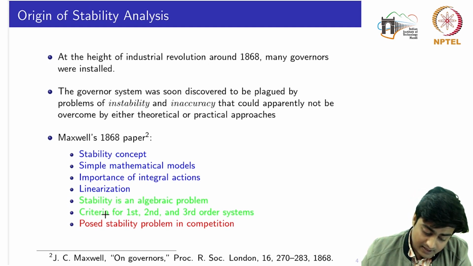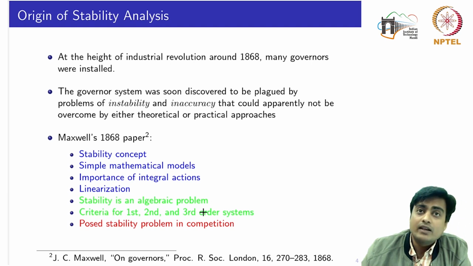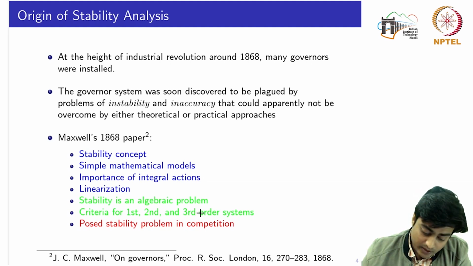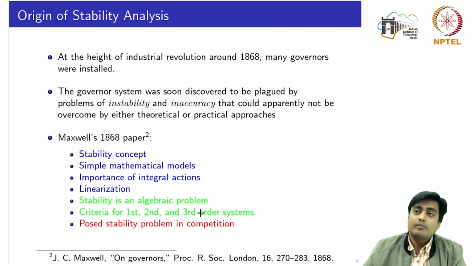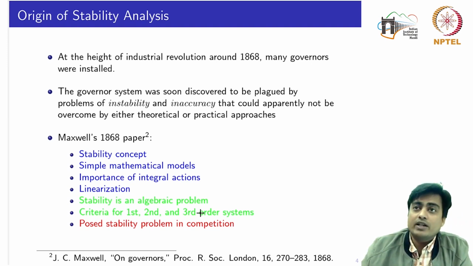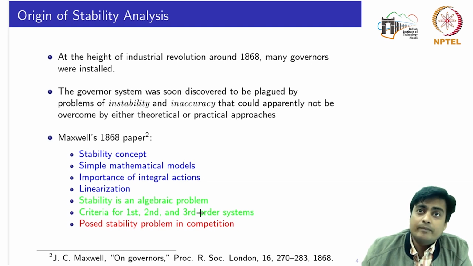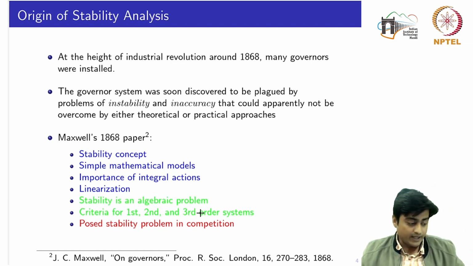And the second last is that in this paper, some criteria for first, second and third order systems were also given, under what condition the system would be stable or unstable. So basically this paper posed the stability problem: how one can define stability, and how for higher order or complex systems the stability can be assessed.